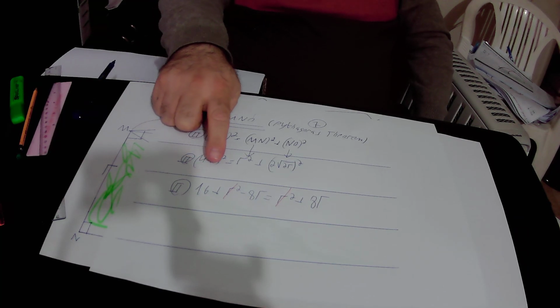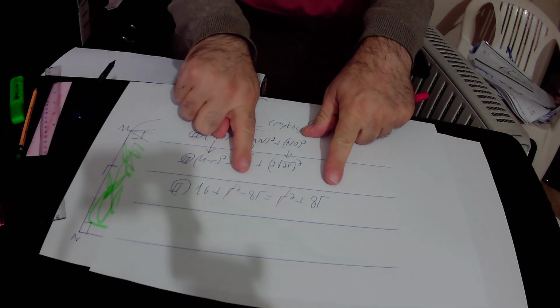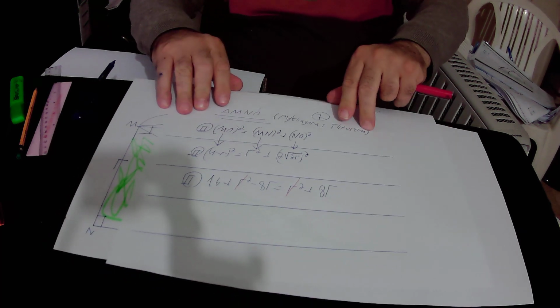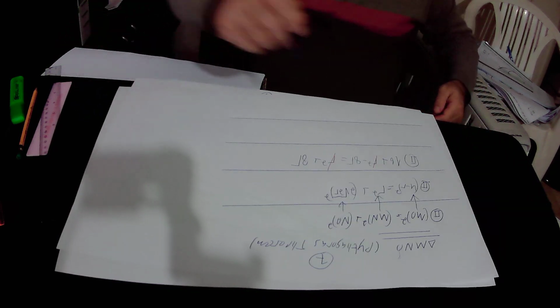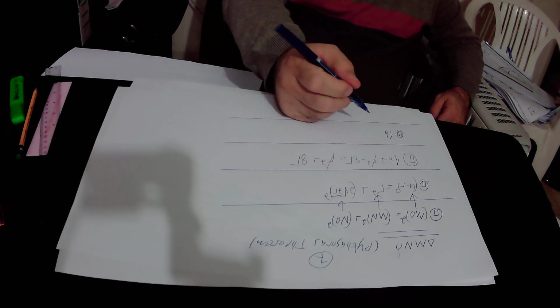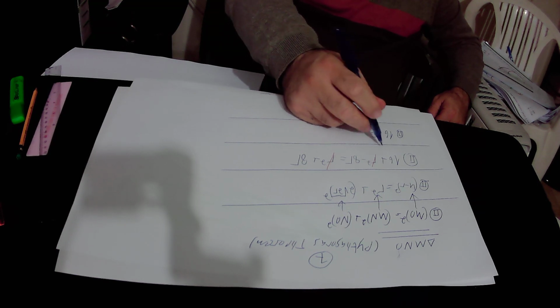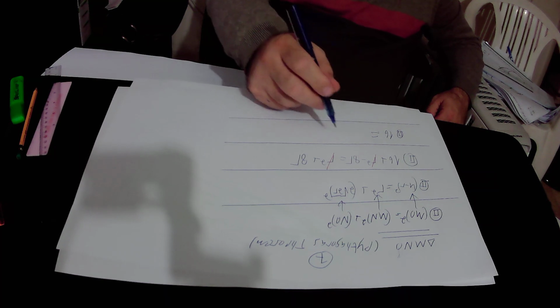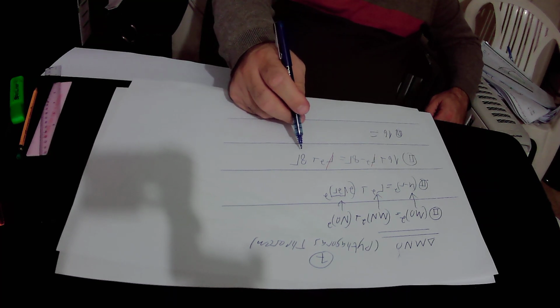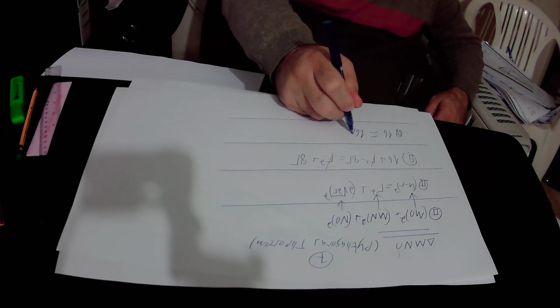Before that, first of all, we will add 8R to this equation number 2, and we will get that 16 equals 8R minus 8R is 0, so only 16 is left on this side of the equation, and on the other side we have 8R plus 8R, which equals 16R.